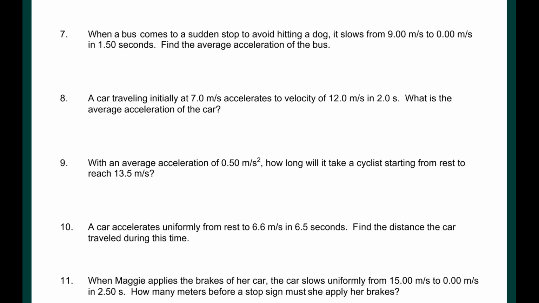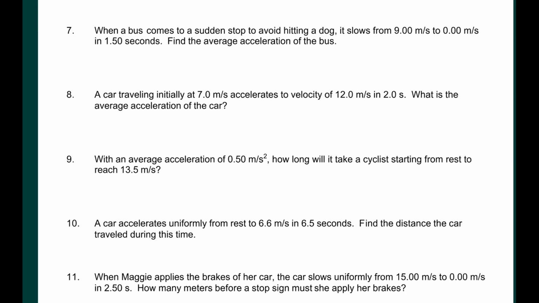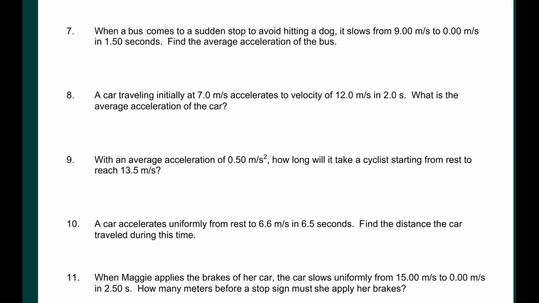So let's look at number 7 here. When a bus comes to a sudden stop to avoid hitting a dog, it slows from 9 meters per second to 0 meters per second in 1.5 seconds. Find the average acceleration of the bus. So again, list what you know. Slows from 9 to 0 meters per second. So I know my starting velocity, we call it the initial velocity, is 9 meters per second.